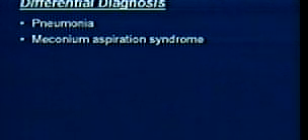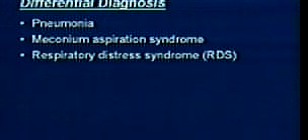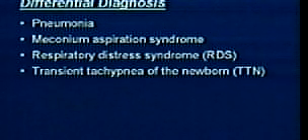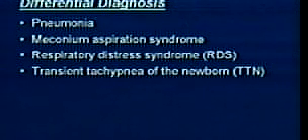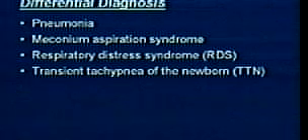Other things that we might be thinking about here are respiratory distress syndrome. Again, the classic words: tachypnea, cyanosis, grunting, a premature baby. How about transient tachypnea of the newborn? Usually those babies will run into a problem about an hour after birth. And those patients are born by C-section, all right? Usually the buzzword in the history might be that the patient would have a C-section.